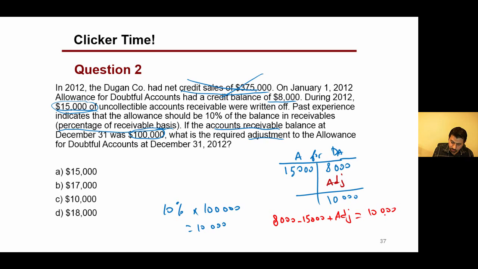As a result, the adjustment is equal to 10,000 plus 15,000 minus 8,000, which is equal to 17,000. And this is the correct answer here.